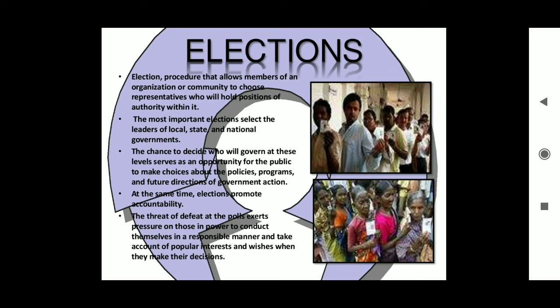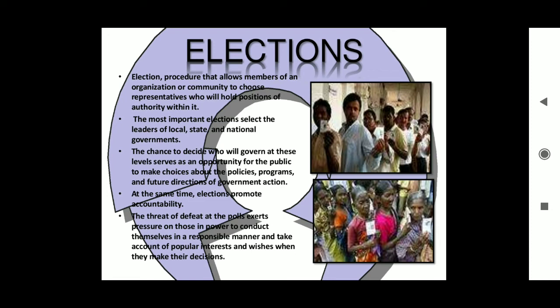In those countries which are democratic, free and fair elections are preconditions. Besides, we have also seen that in those countries which are non democratic, elections are also held. But elections can be democratic as well as non democratic. So, first thing we have to understand is that elections are the precondition of a democratic society.